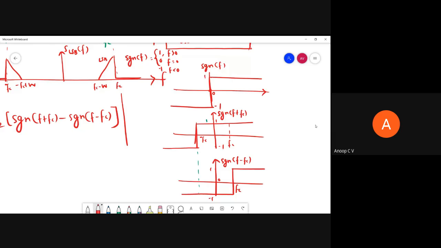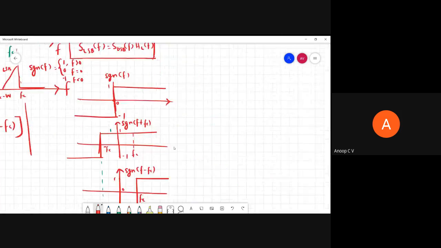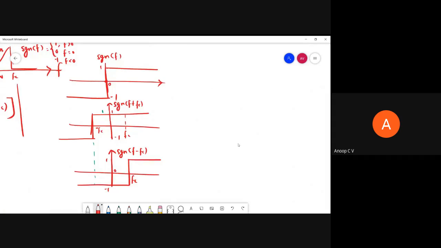So I want to find signum of F plus FC minus signum of F minus FC, right? So I am going to divide. The first region is when F is greater than FC. You can see it is 1 minus 1, right?